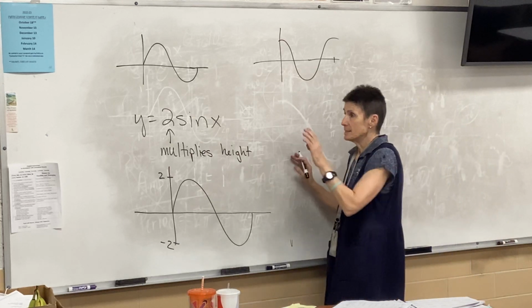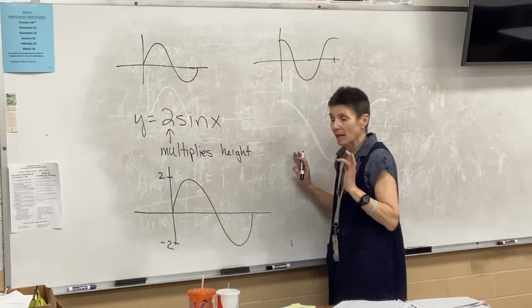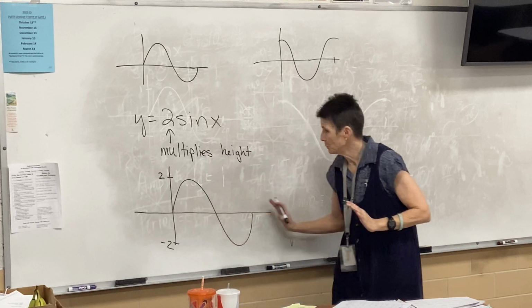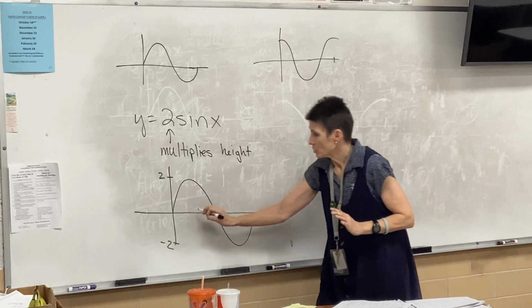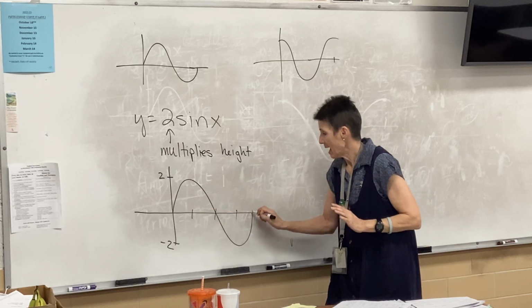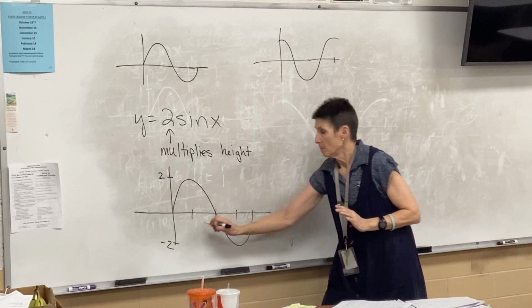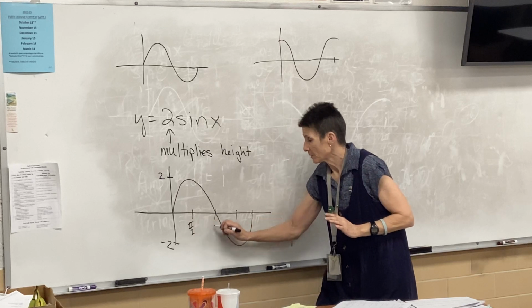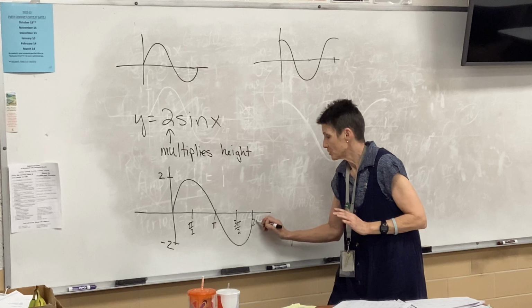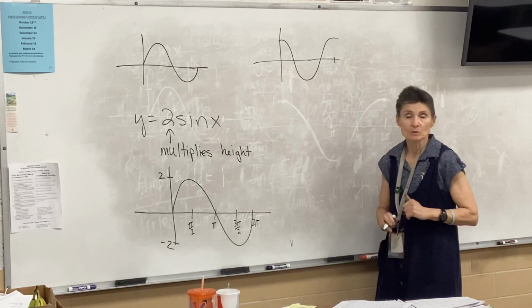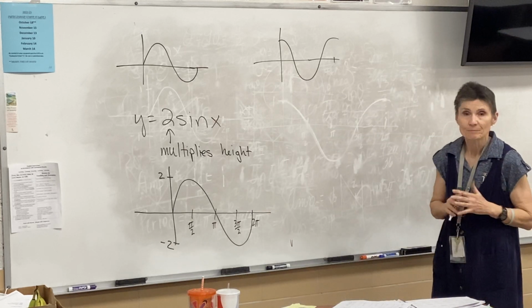Does a number in front have anything to do with the horizontal? Nope. So these labels haven't changed. Pi over 2, pi, 3 pi over 2, 2 pi. Those are my labels.